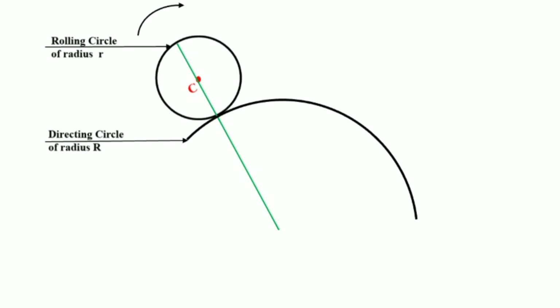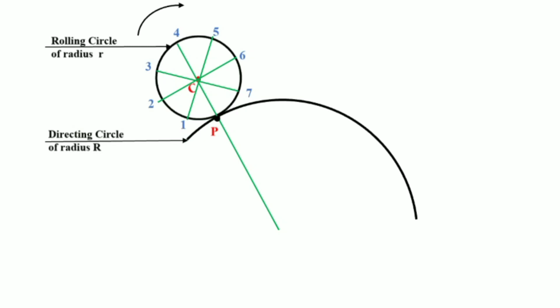Now like the cycloid, we are going to divide this circle also into 8 equal parts. So we'll draw the perpendicular line to the first line, and then we'll draw angle bisectors. So we get 8 equal parts. Now we need to trace a point P which is in contact with this directing circle.